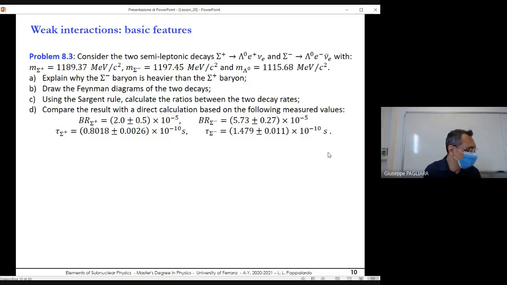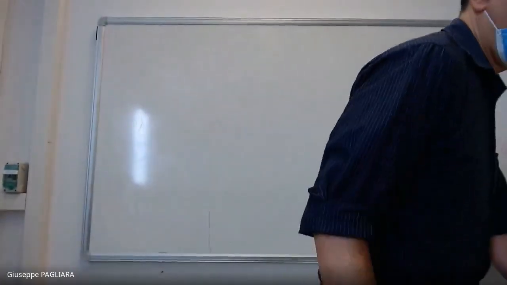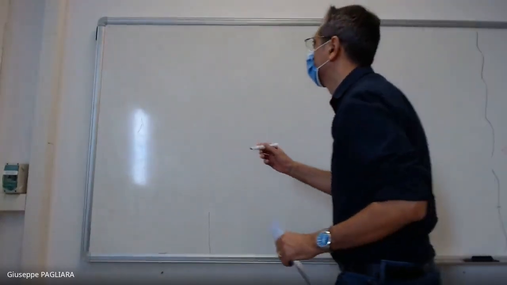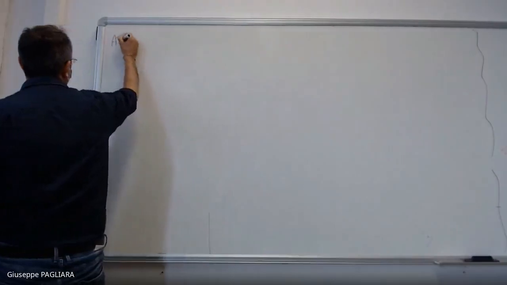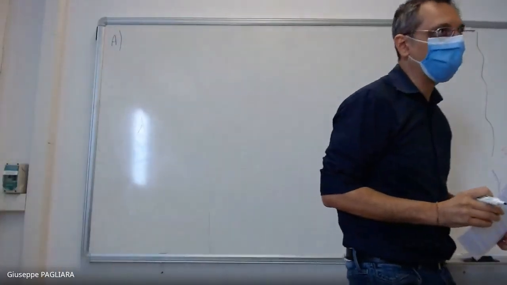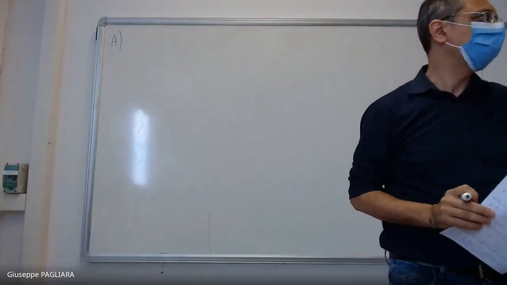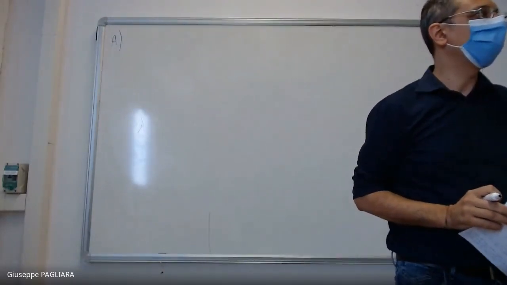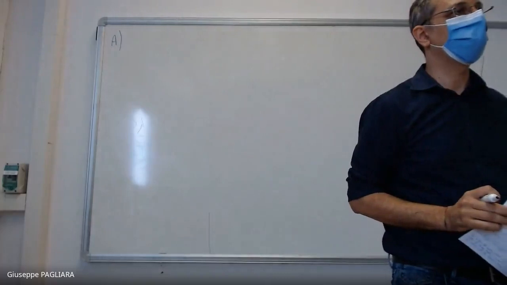Okay, so let's move on to the blackboard. So first of all, for the first question, I turn to you. Why do the sigma plus and sigma minus have different masses?